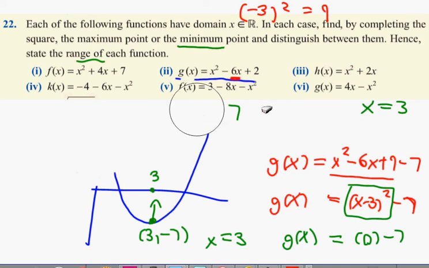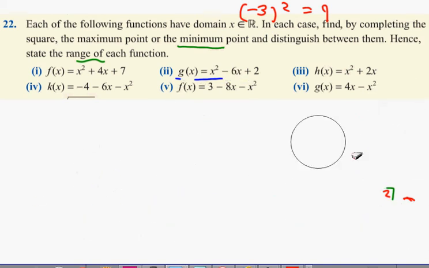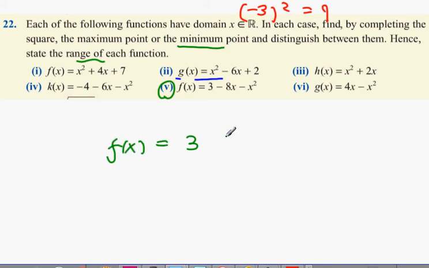Now I'm going to move on to an N-shaped question. This one here, number 5, is an N-shaped question. Okay? Now, for this question, the N-shape, what I'm going to have to do is take out a minus sign, okay? 3 minus brackets 8x plus x squared.